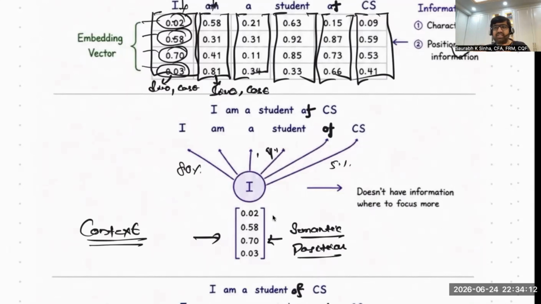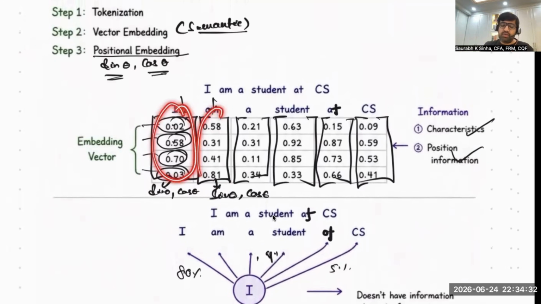So I have to convert this vector embedding into a context vector. A context vector has the information not only of semantics, not only of position, but of where to focus more to get the context of the sentence. So every vector that you see here, I need to convert from a simple vector to a context vector, which means every vector embeds the information of where I need to focus the most.